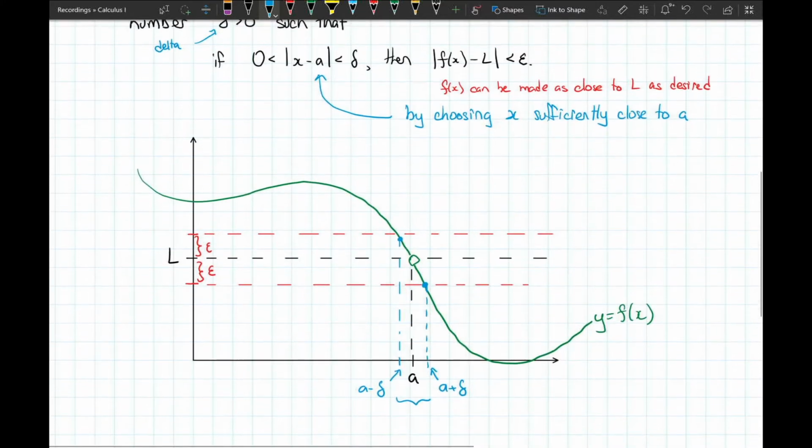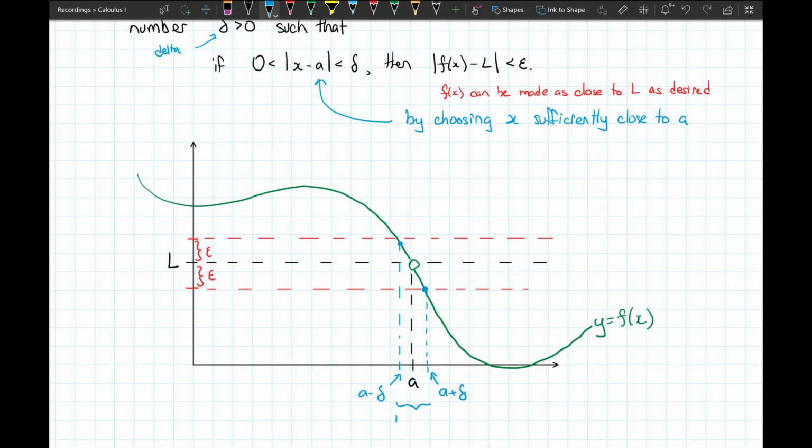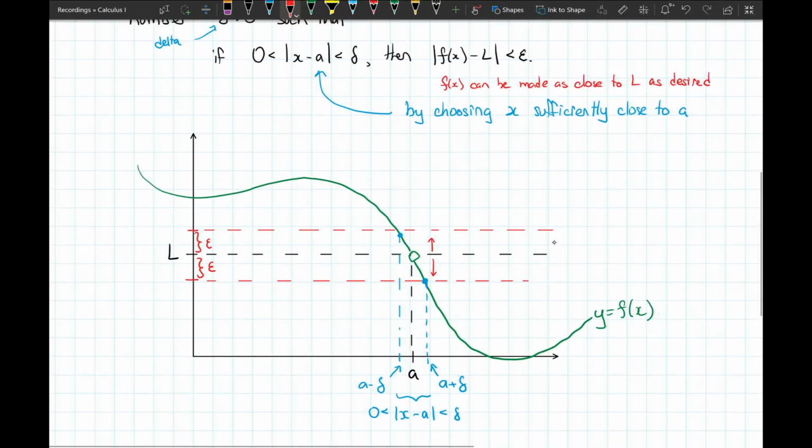If that makes some amount of sense, I've got this little distance. And for any values of x that satisfy this inequality, that the distance between x and a is between 0 and delta, so long as I pick any x's in that interval, you can see that the y values are going to fall within the desired distance of L. Let's shade this in.